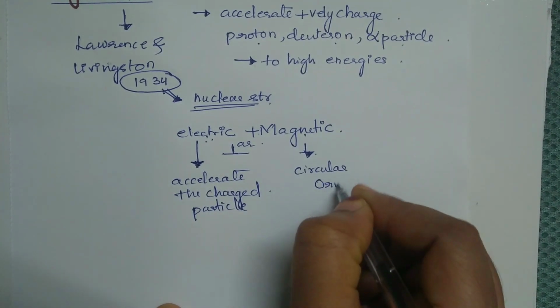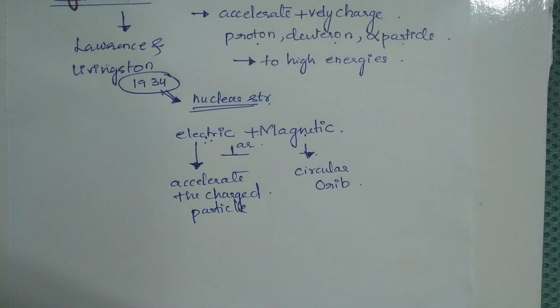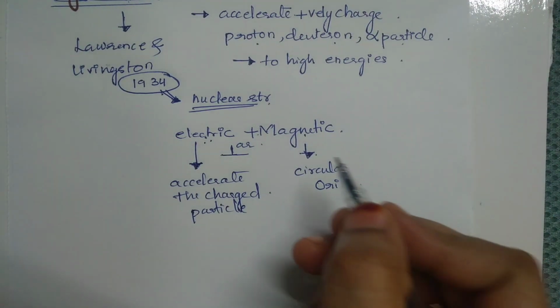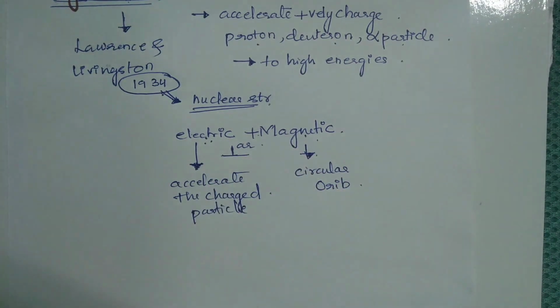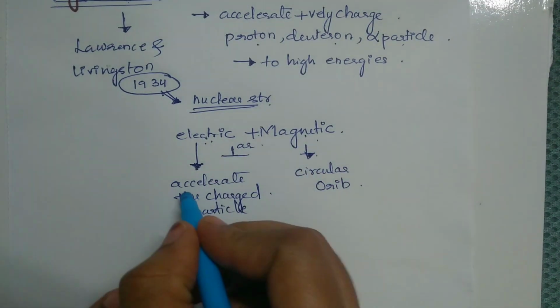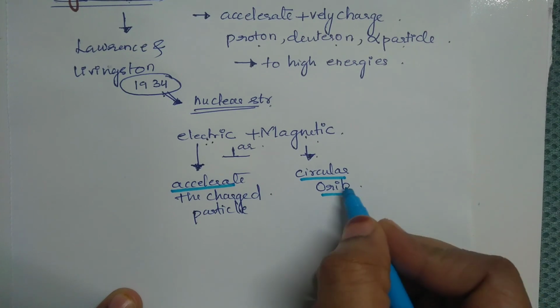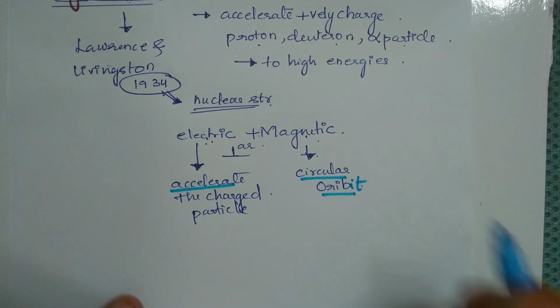What is responsible for the motion of charged particles in a circular orbit? We can say the magnetic field is responsible, and the electric field helps to accelerate the charged particles.